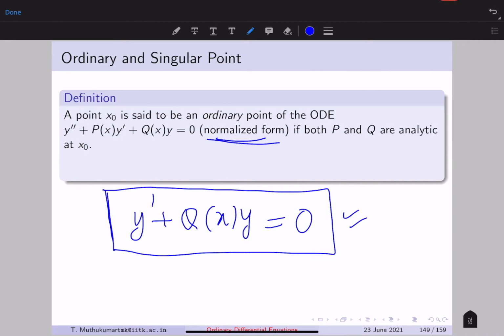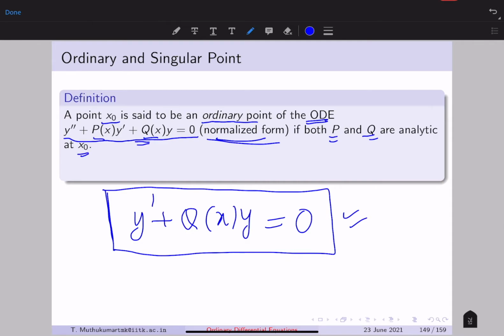So what is an ordinary point? A point x naught in the domain is said to be an ordinary point of the given differential equation, let's say a second order linear homogeneous ODE in the normalized form, if the coefficients p and q in the differential equation are both analytic at x naught.